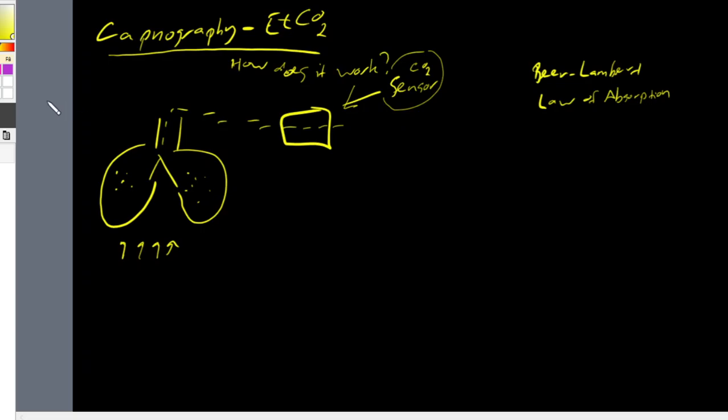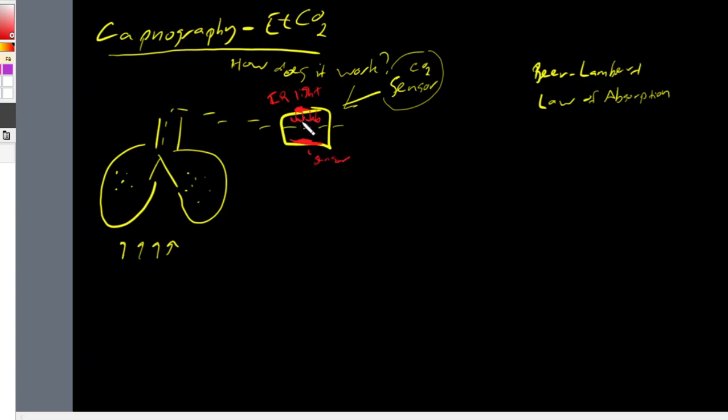This CO2 sensor has a light emitting source, which shoots infrared light through one end of the device, and there's a base plate at the other end that is an absorber or a sensor.